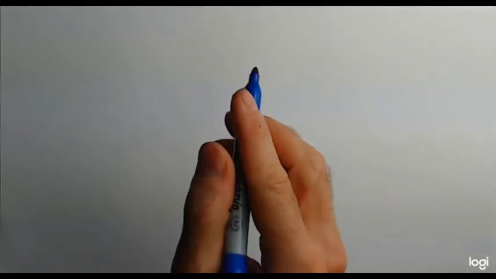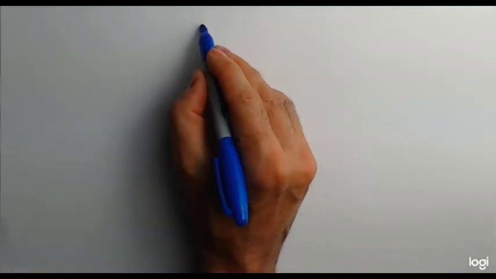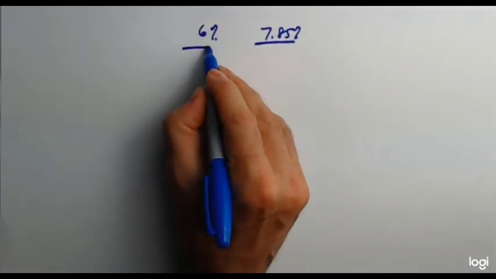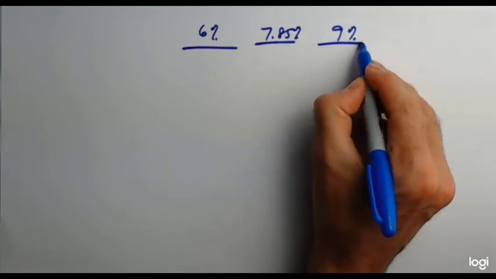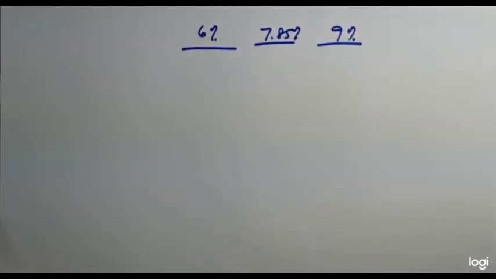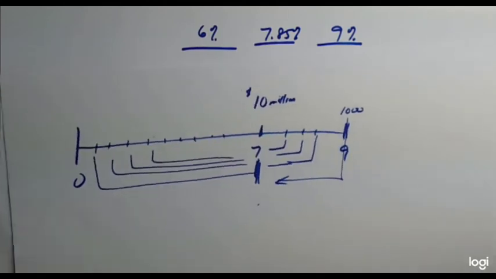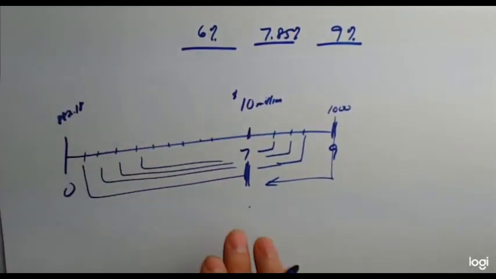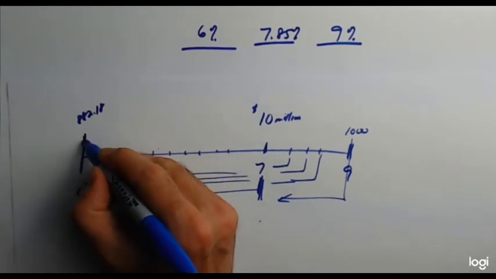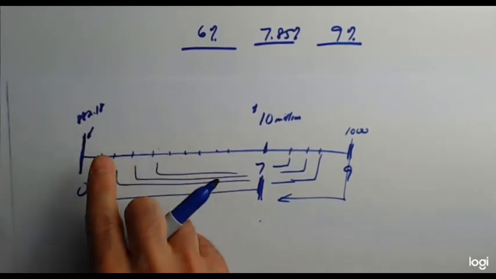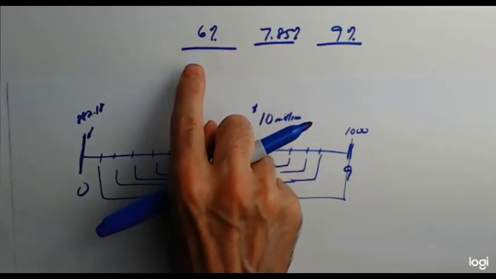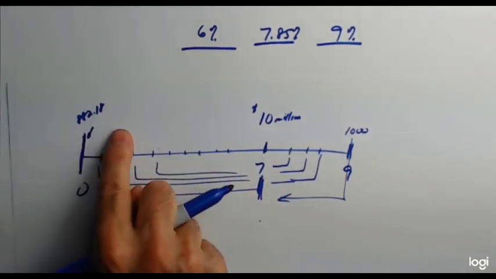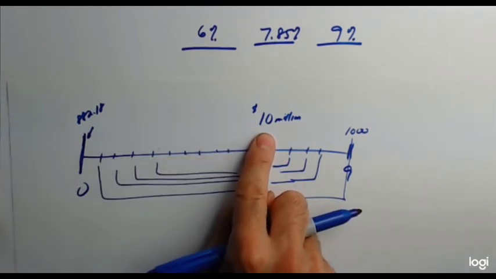We're going to run the scenarios. This is how it's going to work. 6%, 7.85%, and then 9%. So what we're assuming here is, look, we buy the bond for $882.18. The question is, how many of them? And immediately after we buy the bond, interest rates drop from 7.85% to 6% all the way through the next 7 years.